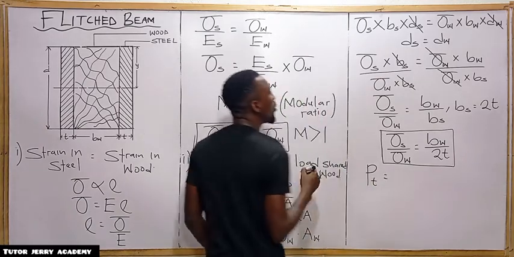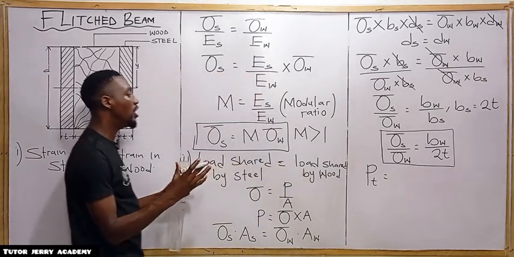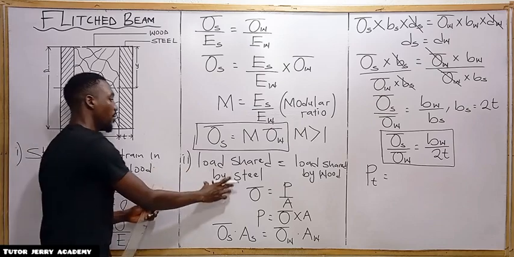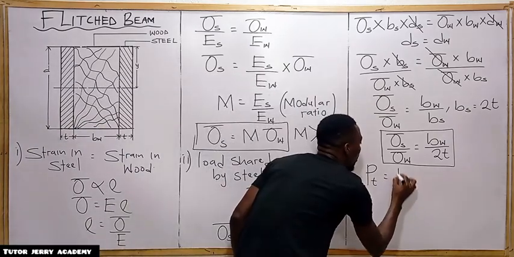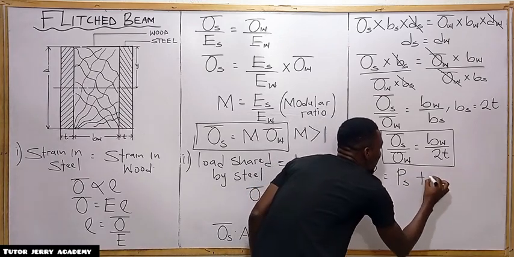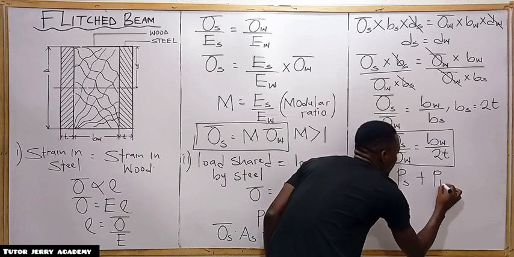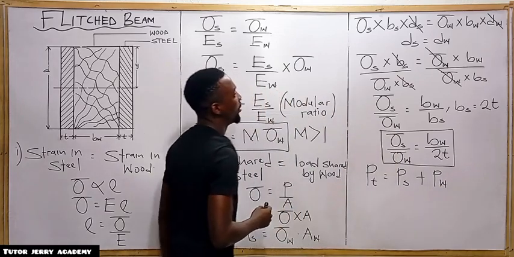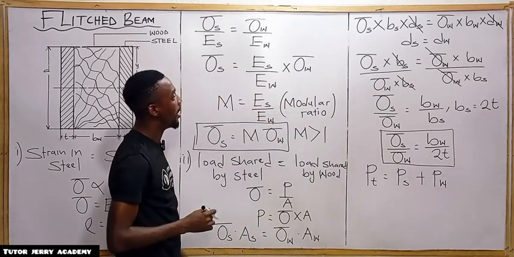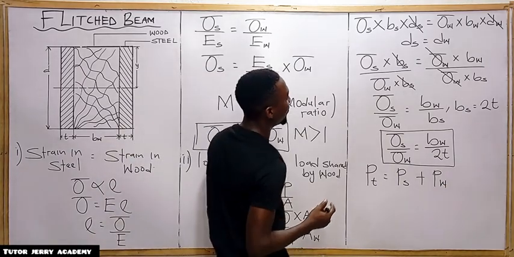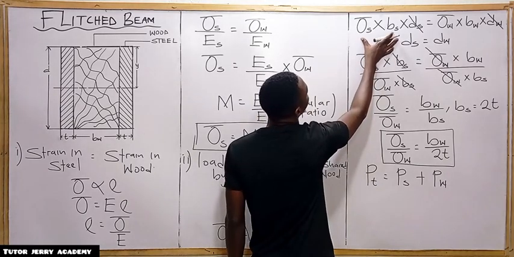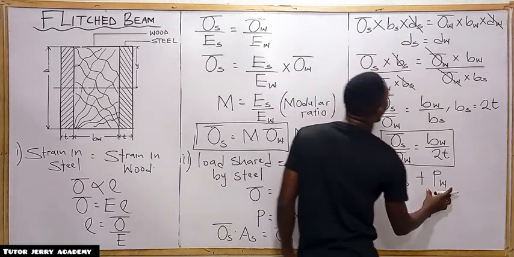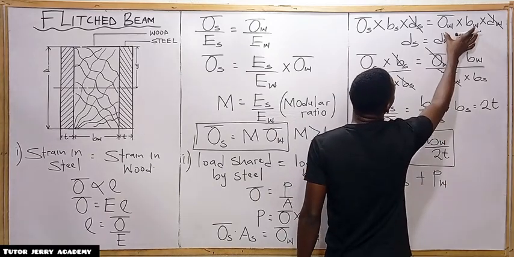So this will be equal to the load of the steel plus the load of the wood. Since we know our load, the load of the steel is just what we have here, and the load of the wood is just what we have here.